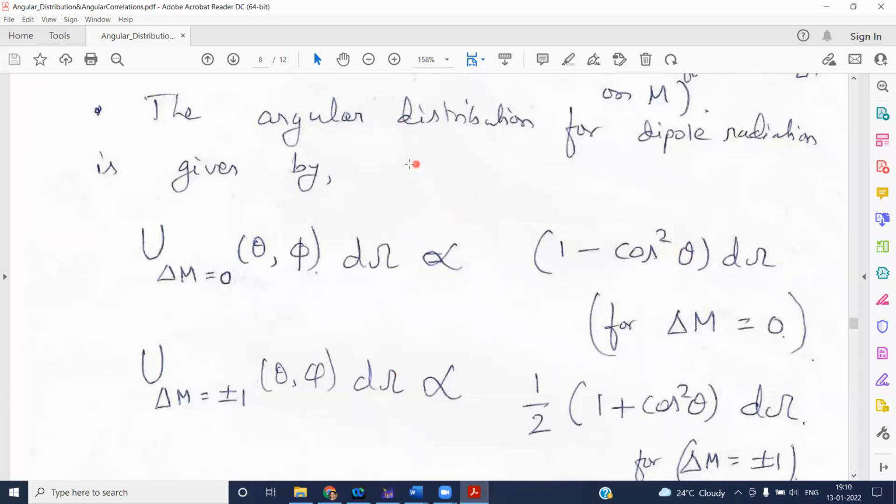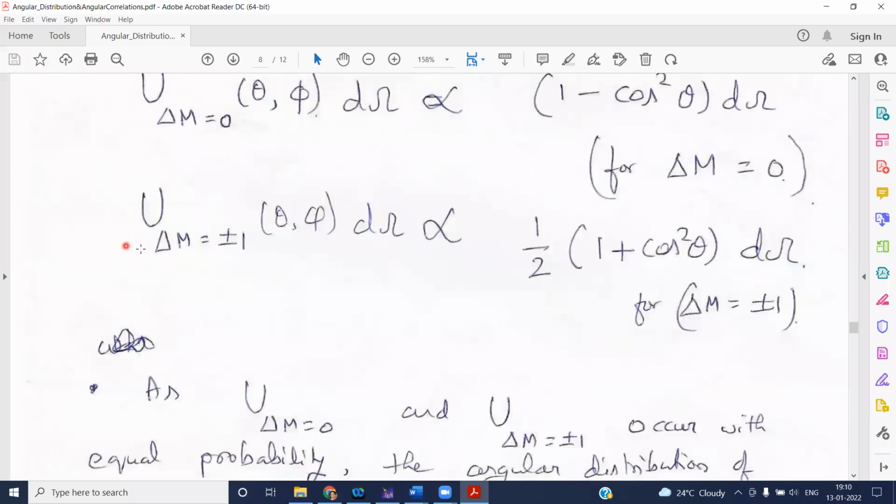What is the angle made by z with z? 0. So cos squared 0 is what? 1. So 1 minus 1 is 0. You don't get delta M equal to 0. If you fix the z-axis at theta equal to 0, there is no value obtained here mathematically.